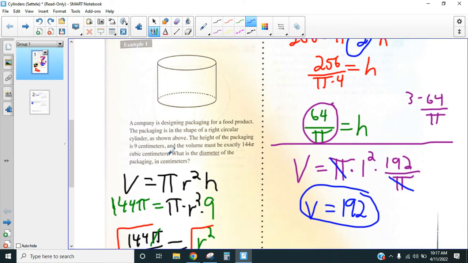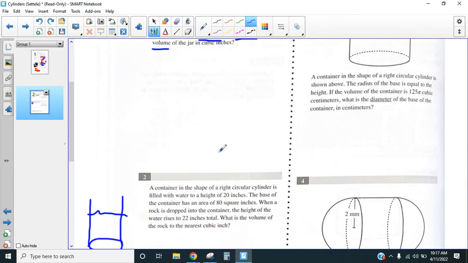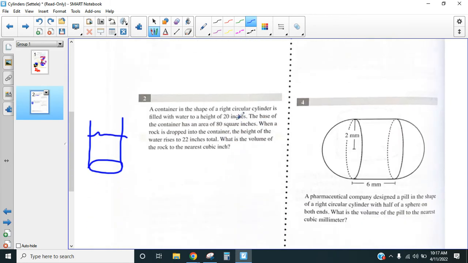The volume formula means the base, that's this, the area of the base times the height. You need to know that for number 2. So now below it says the base has an area of 80. When a rock is dropped into the container, the height of the water rises to 22. So we drop a rock in, and now it goes up.